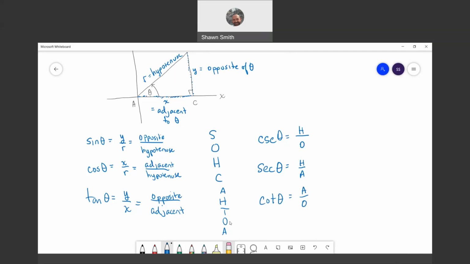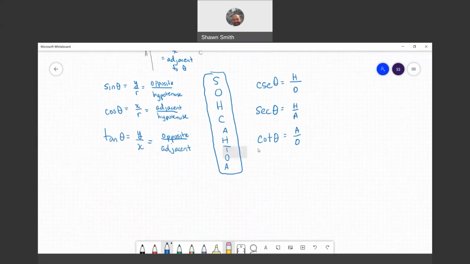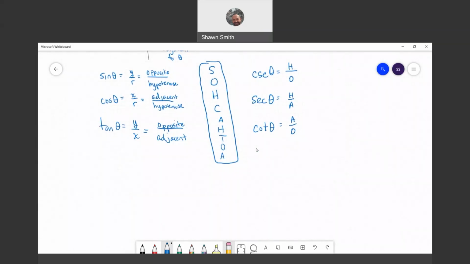All right, so this is probably the most common one most teachers teach to remember: sine, cosine, and tangent, SOHCAHTOA. I've learned it a different way. I'll tell you mine that I use: Oscar has a heap of apples.